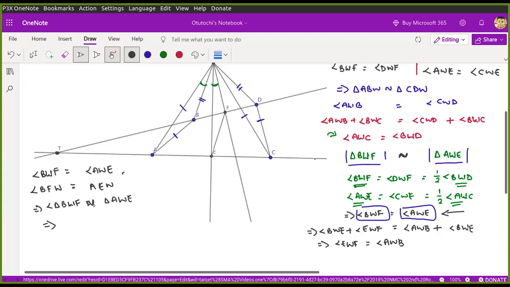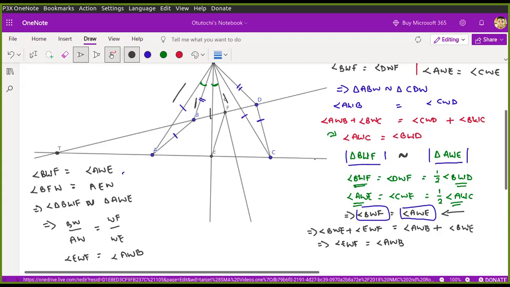So we can actually get that BW over AW is equal to WF over WE. And coupled with the fact that angle EWF is equal to angle AWB, we have that AW over BW is equal to WE over WF.